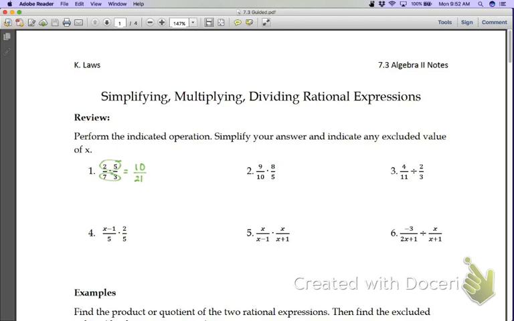Now, there, nothing canceled before we started. On one like number 2, where I have 9/10 times 8/5, you kind of have options. With any of these, you have a lot of different options, because for the most part you can simplify in some cases, or you can just multiply straight across.